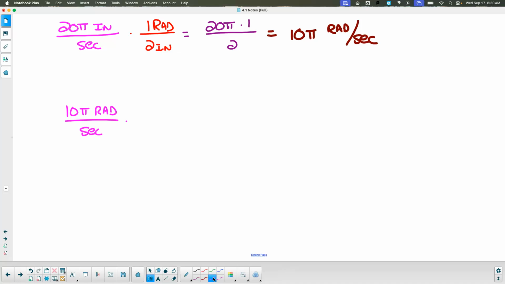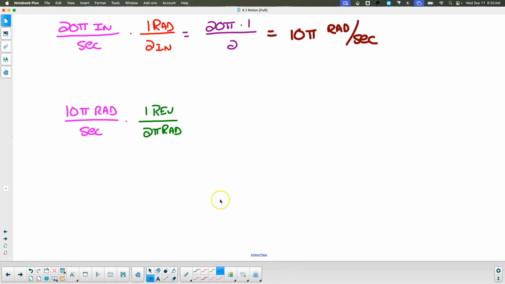And I can say that 1 revolution is 2 pi radians. Okay. And then I can multiply. What was our first one?